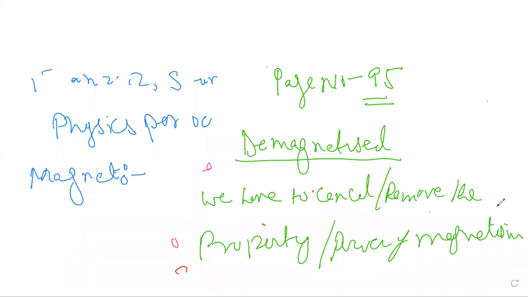Is it clear, beta? Yes, sir. Okay, here it is written, three things for demagnetizing. Ayan Zubair, you tell me what are the three things? Open your camera.